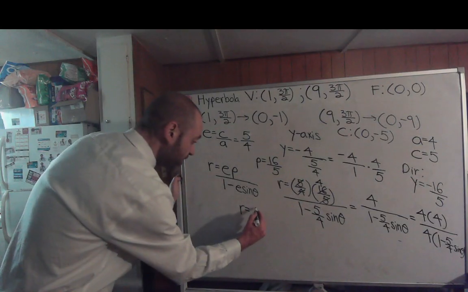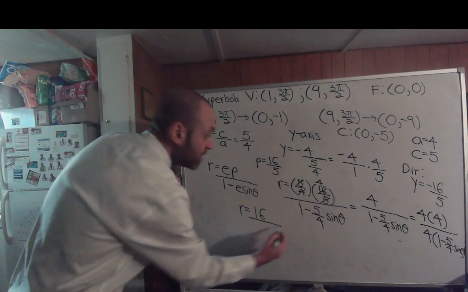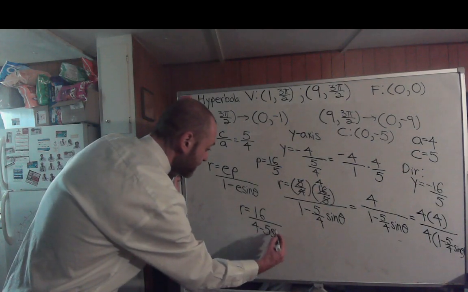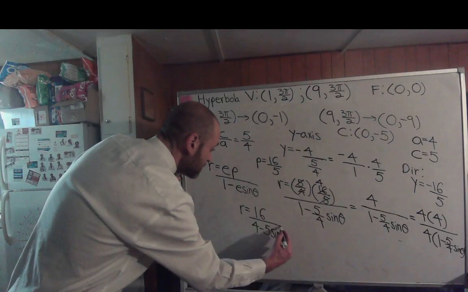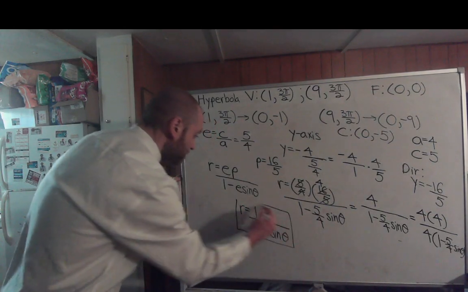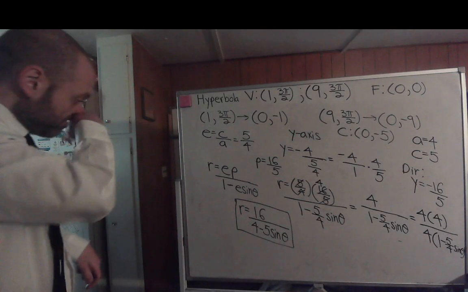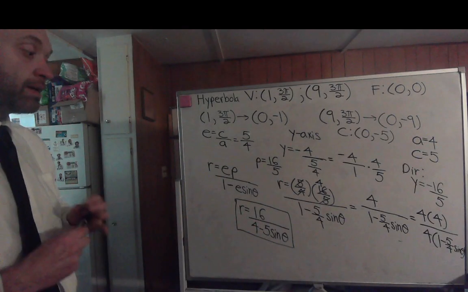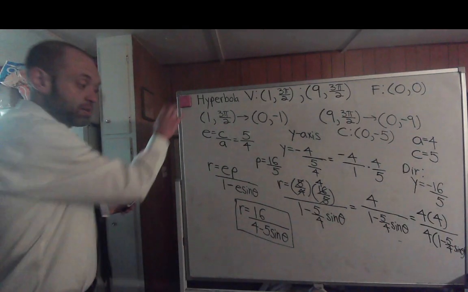In the numerator, that would turn into 16 all over 4 minus 5 sine of theta. So the polar equation of this particular hyperbola should be 16 over 4 minus 5 sine of theta. And I got just one more and we're done with the lesson.